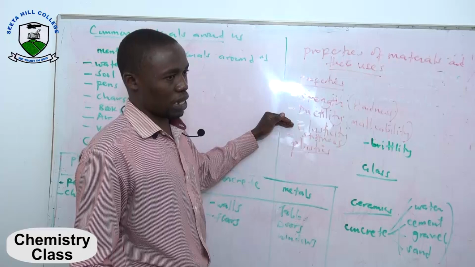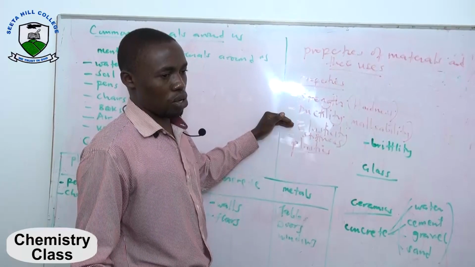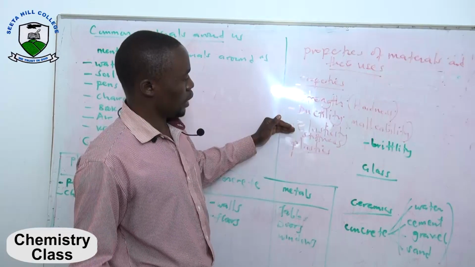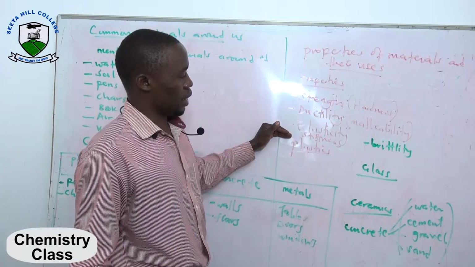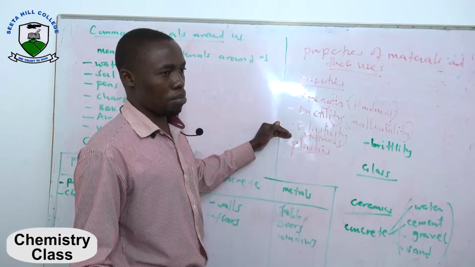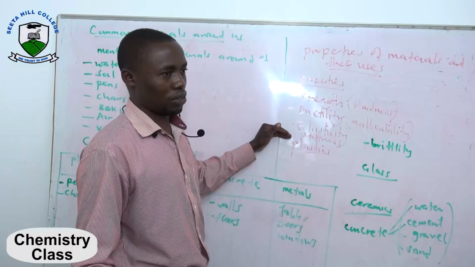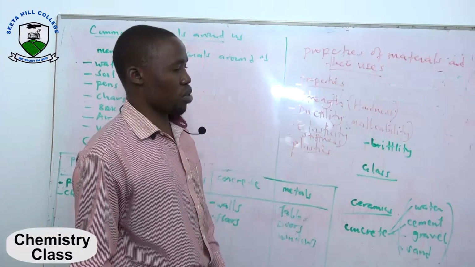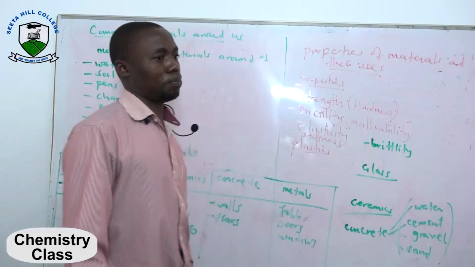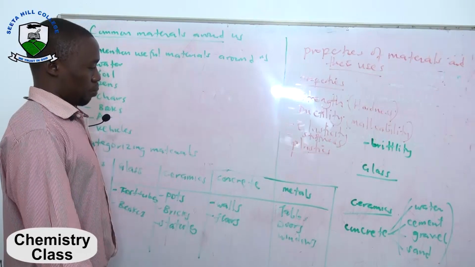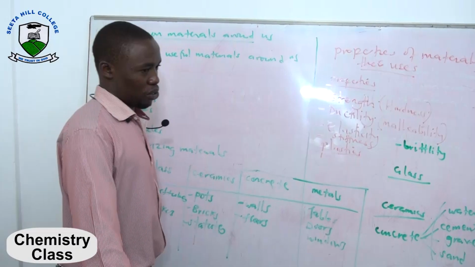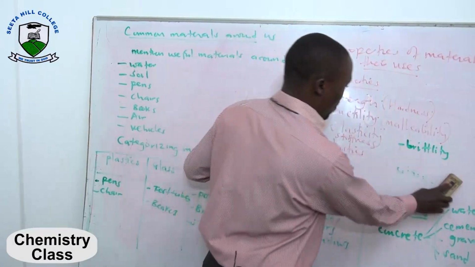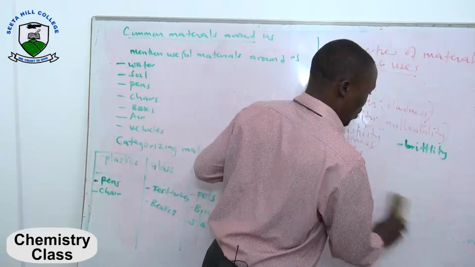Elasticity is the ability to regain original shape after being stretched by force. Stiffness is the ability to resist being bent. Then brittleness is to break without bending. Clear? Now, going down to metals. Our metals, we have them daily.